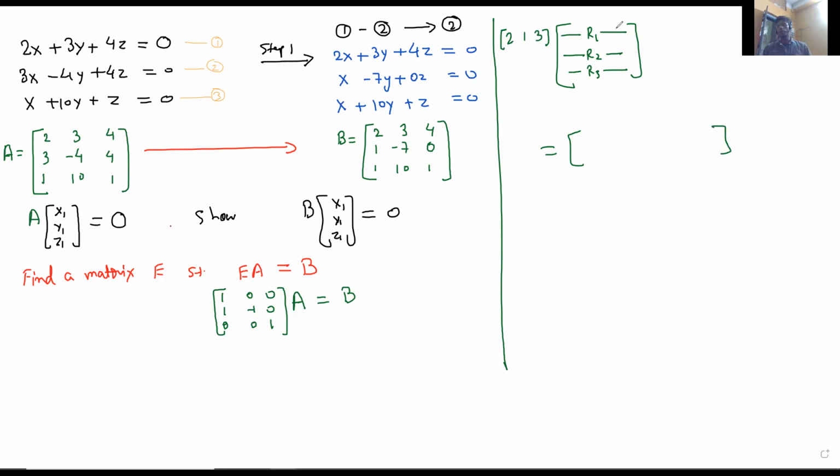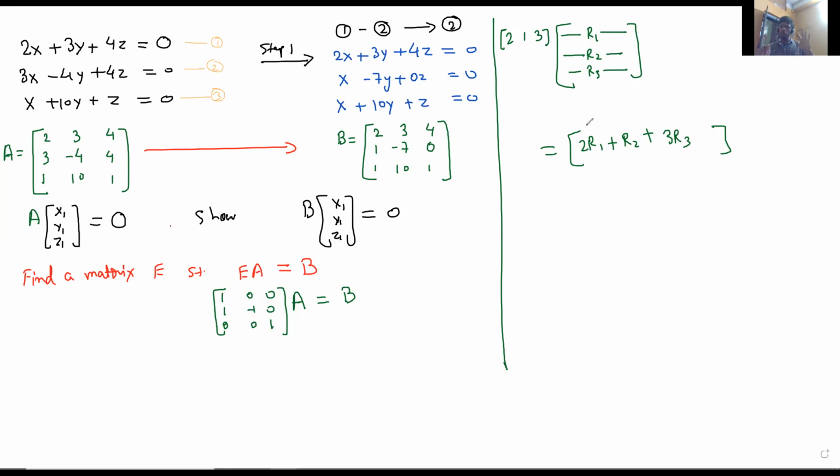If you treat each row as a vector, then it's going to do 2 times the first row vector, 1 times the second row, and 3 times the third row. If you do your usual rule of multiplication, you will get the same thing, because that rule is derived from this.